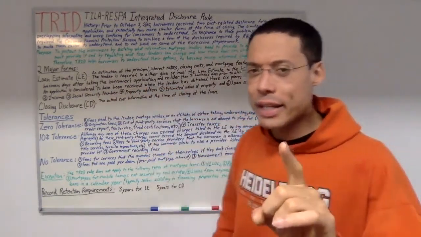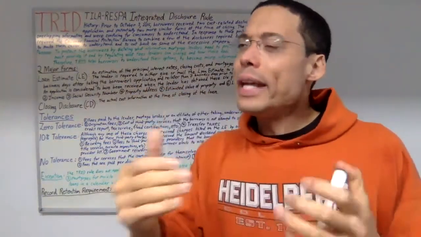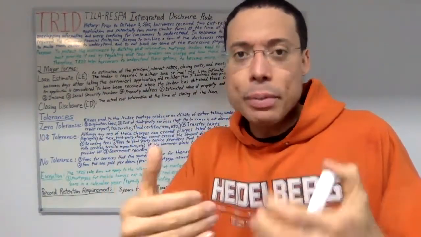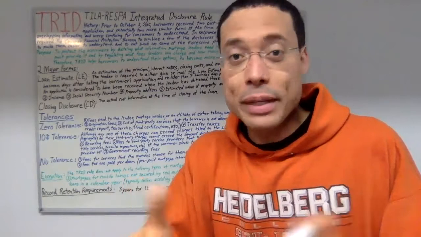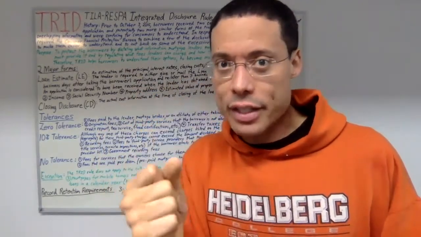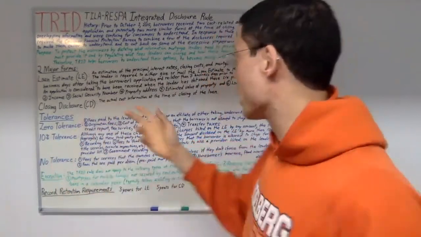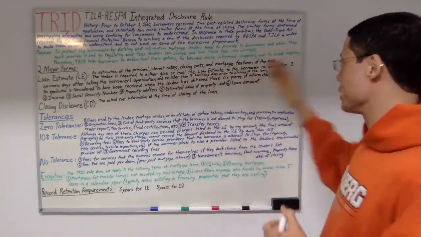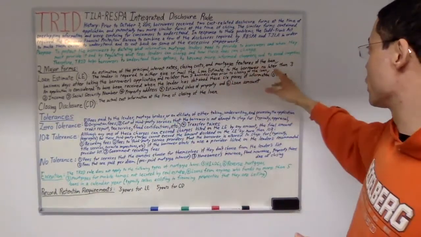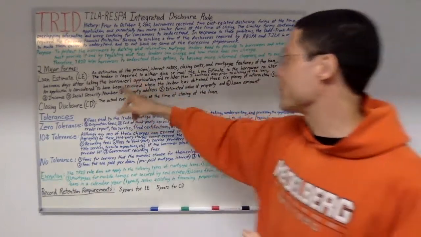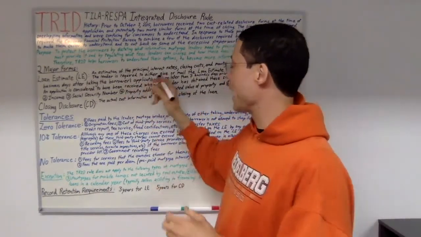Now, question: when is an application considered to be received? Because after an application is received, that starts the time clock regarding the lender having to give the borrower the loan estimate, no later than 3 business days after taking the borrower's application.